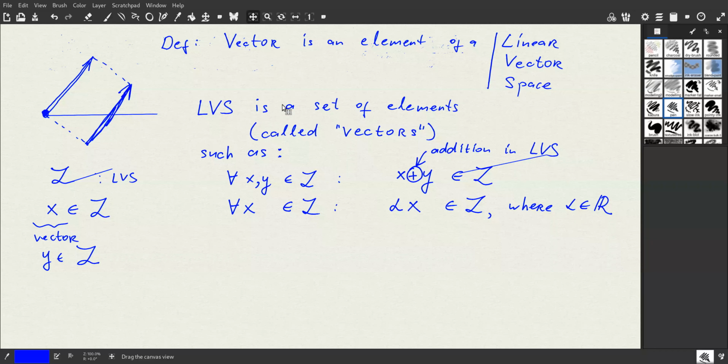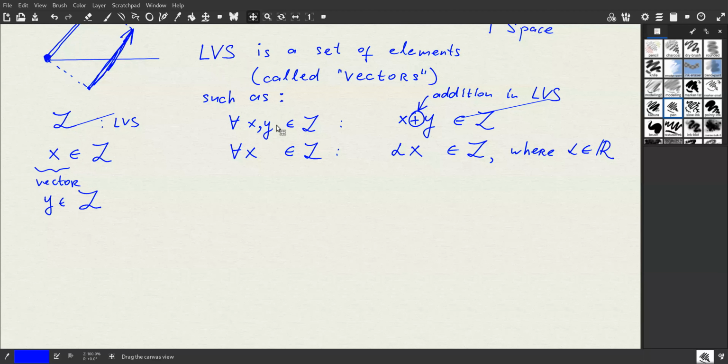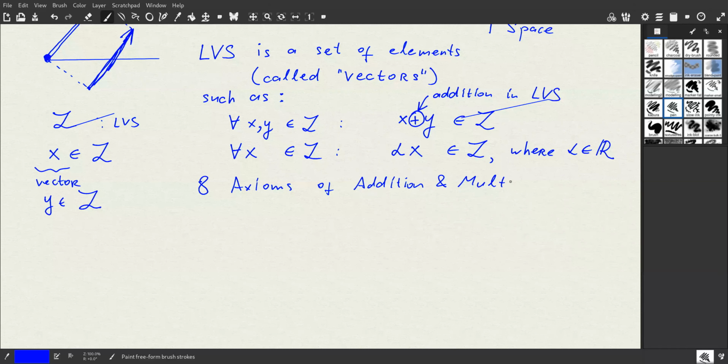Okay, this is not all, and these two operations must satisfy a set of 8 axioms of addition and multiplication in linear vector spaces.